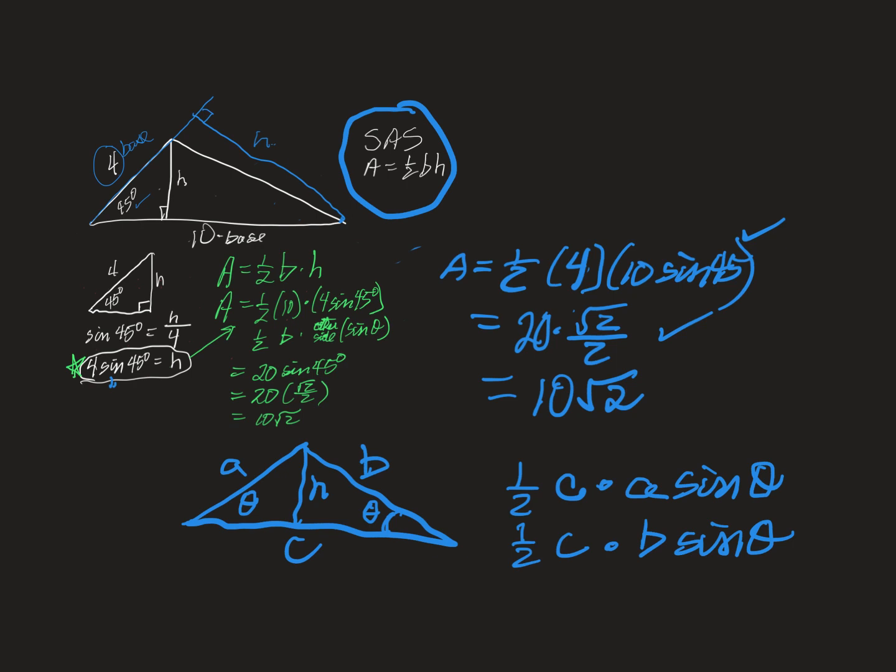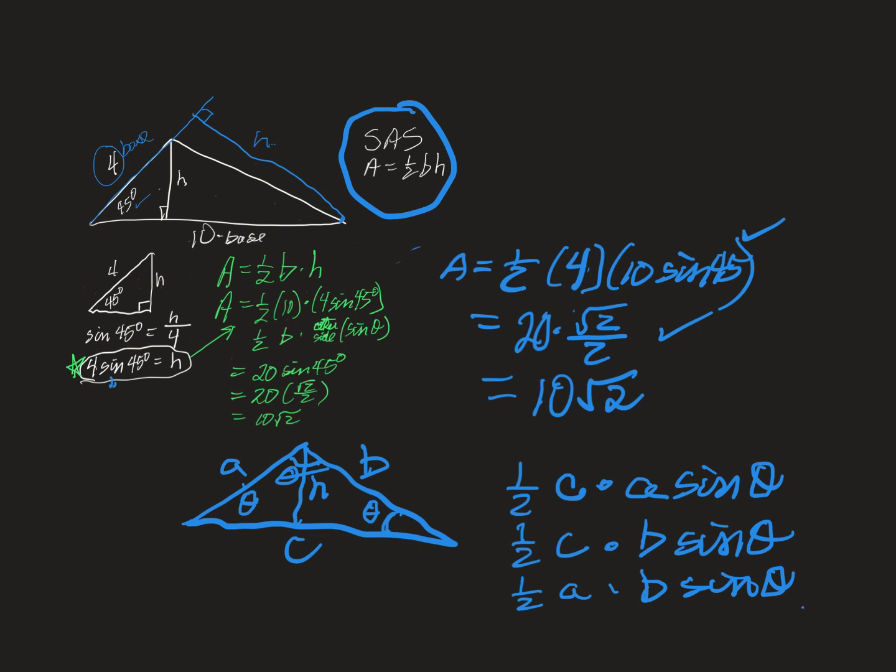And you could even rewrite this formula as 1/2 A times B sine of theta if you decided to make A the base and then you knew this angle up here, theta. So it doesn't matter where your side angle side is.